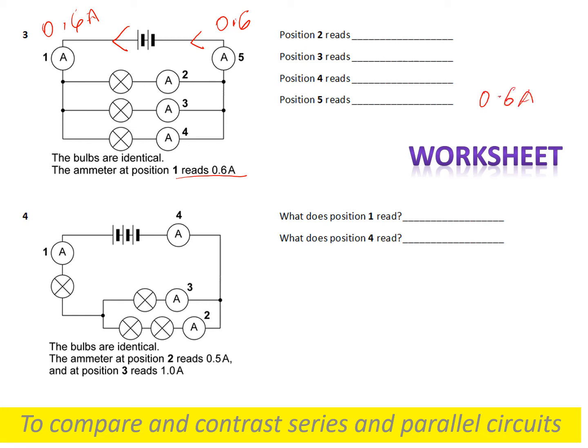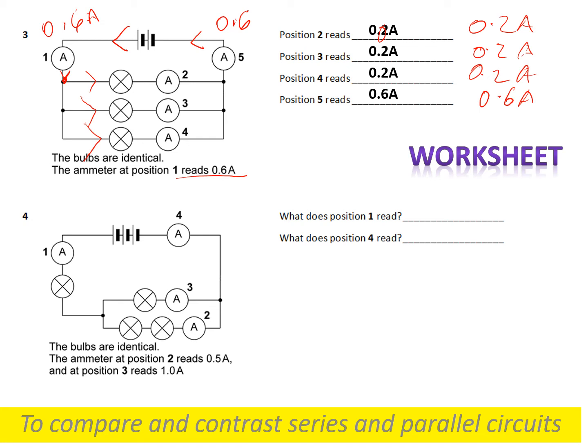Then what is going to happen to this 0.6 amp when it reaches the junction? It has to be split into 3 equally because they are similar bulbs. So 0.6 divided by 3, 0.2 amps, 0.2 amps, and 0.2 amps. Okay?